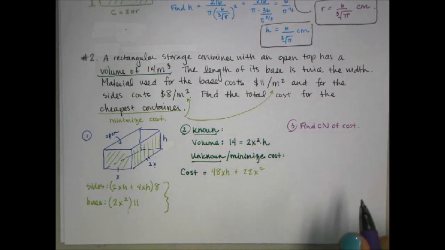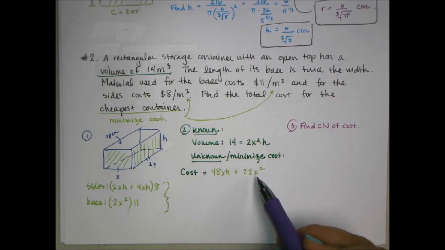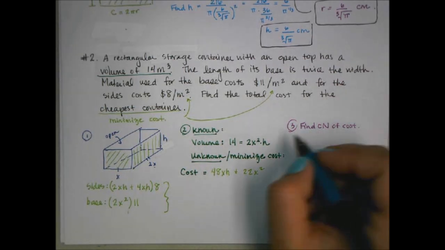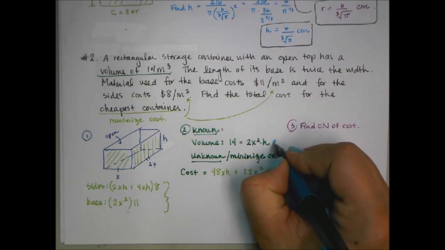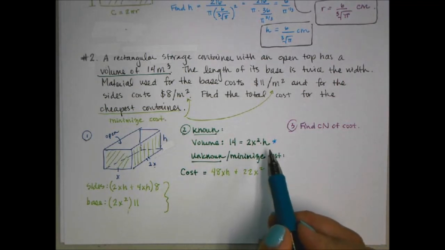Before I can do that, it always has to be in terms of one variable. So here's where we're going to make a substitution. I'm going to go back to my previous known formula. This is what the known formula is going to help us with. And h will be easy enough to solve for.